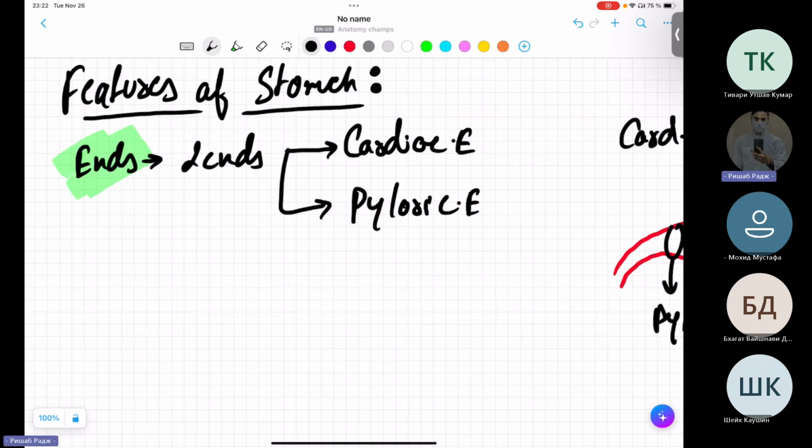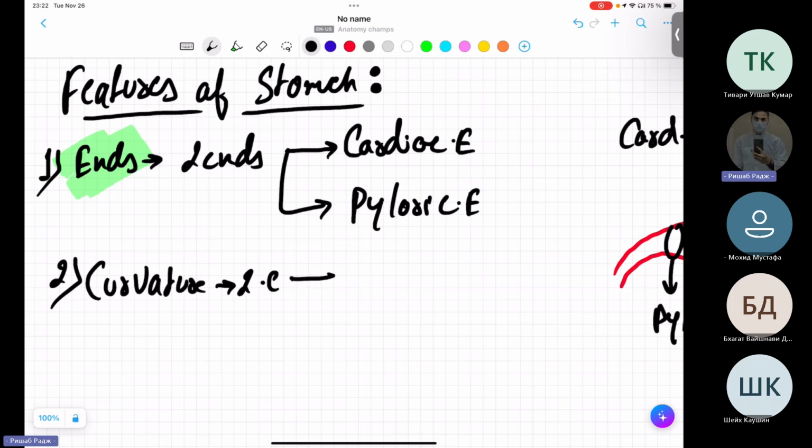What about the rest? First feature is ends. Second is curvature. How many curvatures do you have? You have two curvatures, greater curvature and lesser curvature.